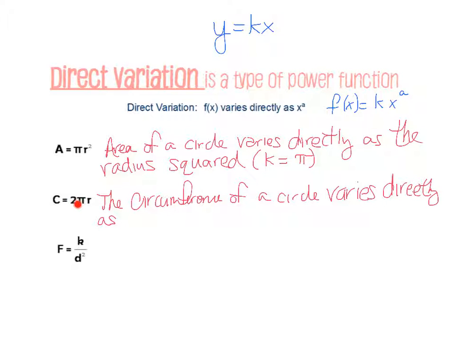Pi is just a constant. There's my variable right there, the radius. This time it's not squared, it just varies directly as the radius. And in parentheses, I'm going to state the constant of proportionality. The constant of proportionality this time is not just pi, but 2 pi.